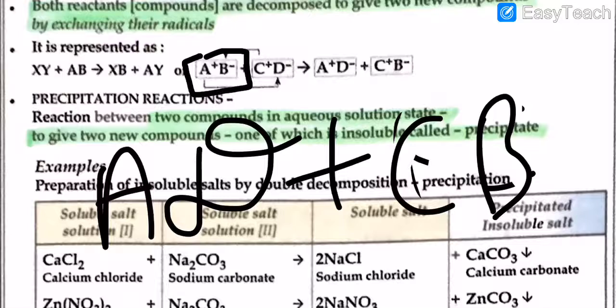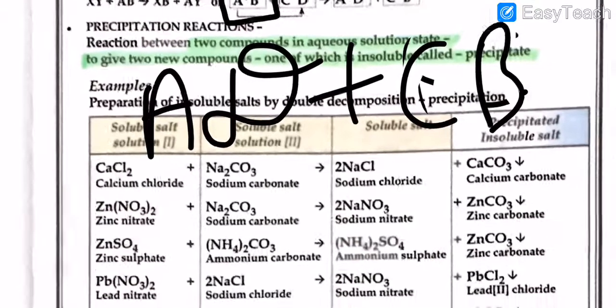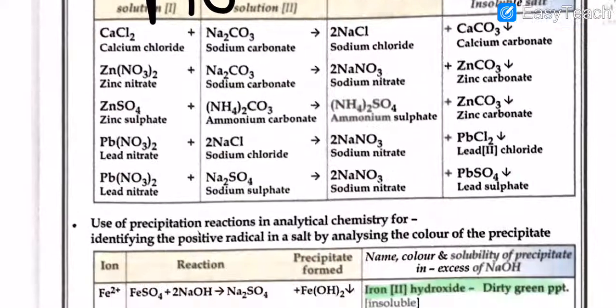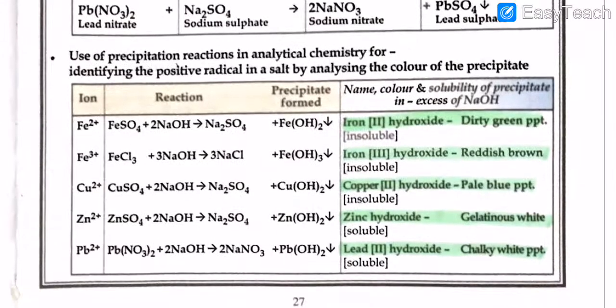Precipitation reactions are reactions between two compounds in aqueous solution state to give two new compounds, one of which is insoluble. The insoluble one is called the precipitate. Examples are given right over here. All of these. And precipitation reactions are used in analytical chemistry for identifying the positive radical in a salt by analyzing the color of the precipitate.